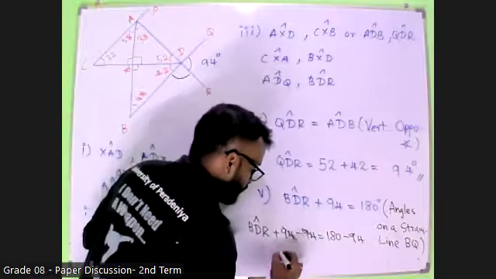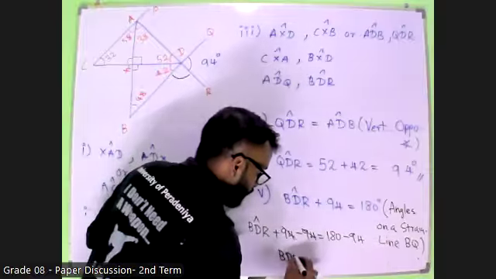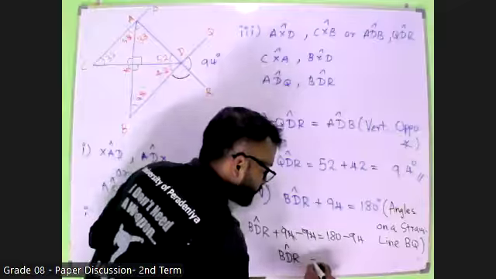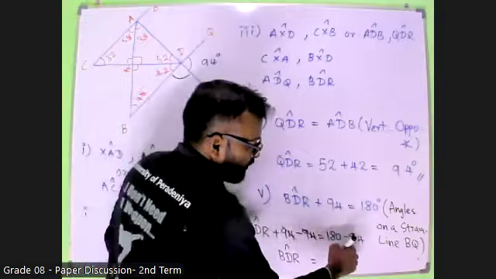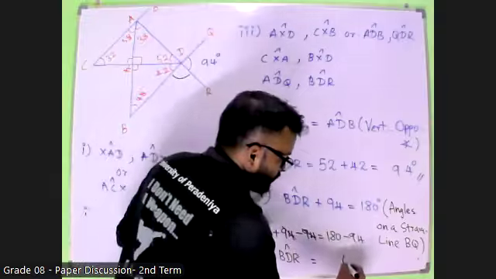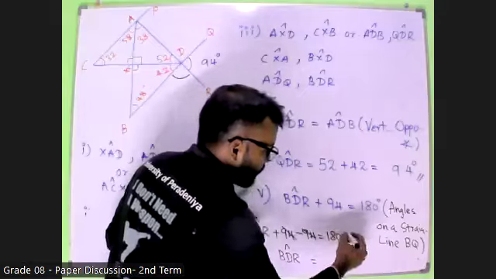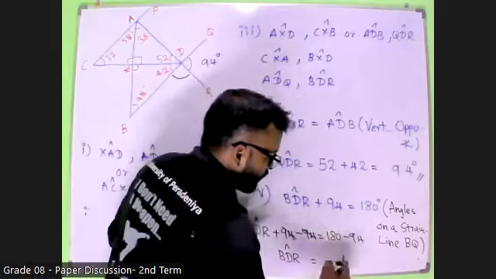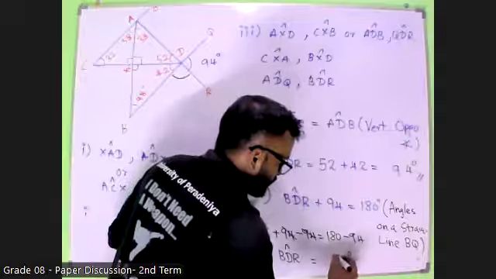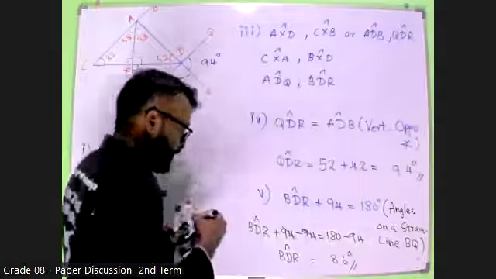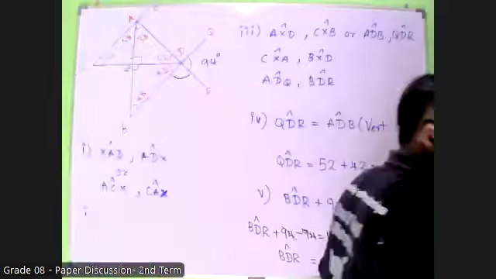Cancel out. Value of BDR angle equals 180 minus 94, which is 86 degrees. BDR angle is 86 degrees.